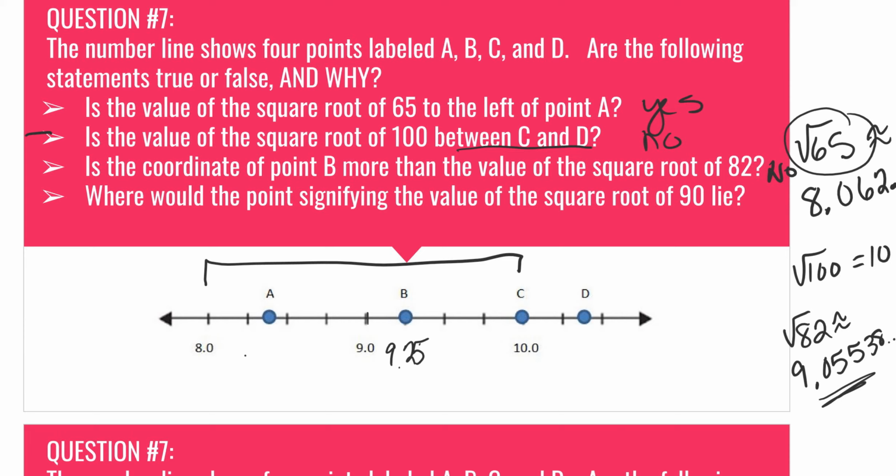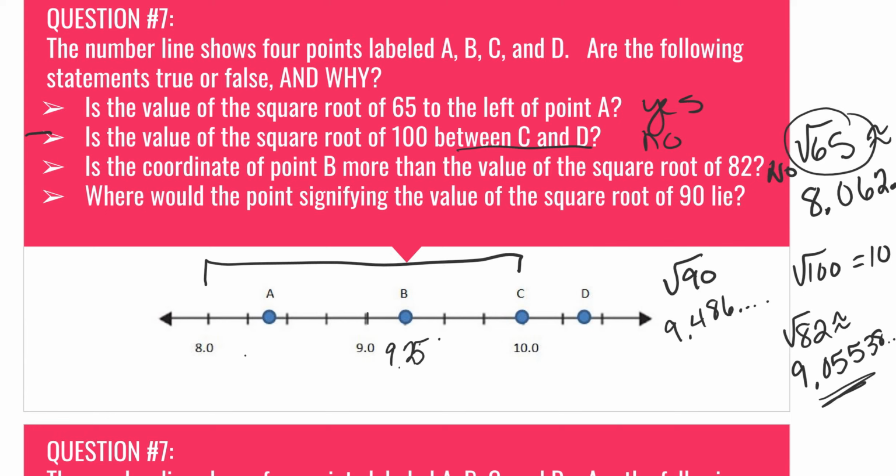And then the fourth bullet, where would the point signifying the value of the square root of 90 lie? Excuse me. Square root of 90, see, is 9.486, and so on. Okay, 9.46.